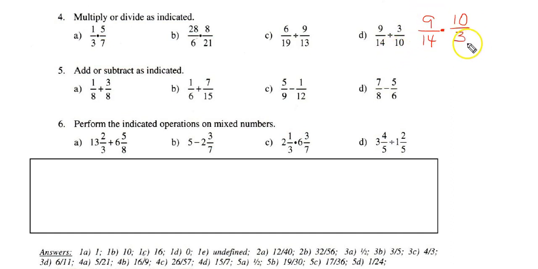And then now see if we can do some canceling. 3 will go into there once. 3 will go into there 3 times. 2 will go into there 5 times. 2 will go into there 7 times. So we have then 15 sevenths, which is what they have.